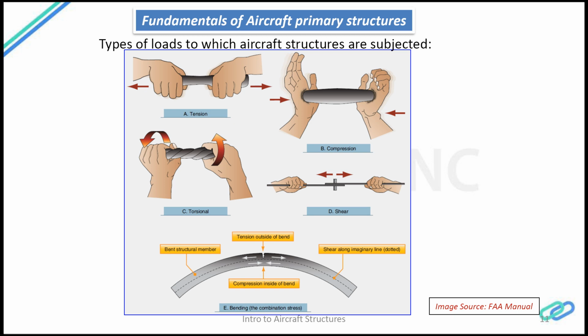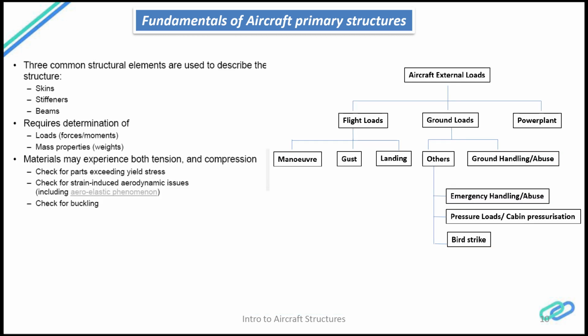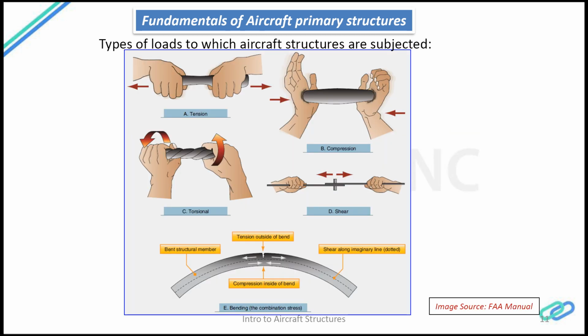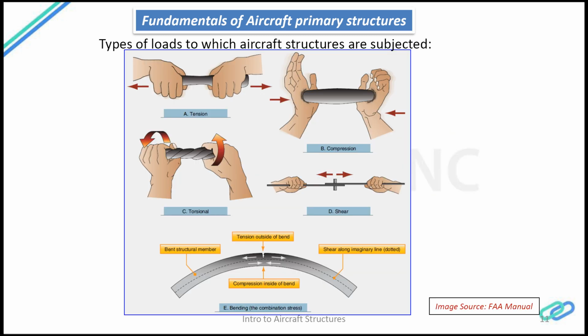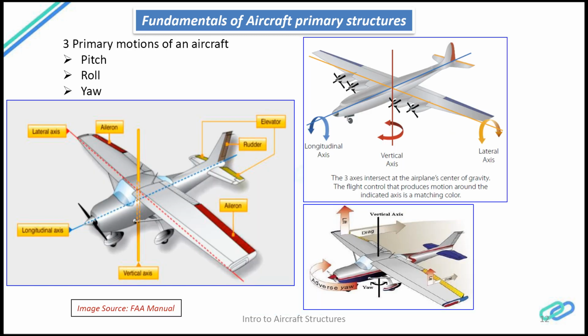So all the types of loads that act on the aircraft structures transfer and redistribute themselves into one of these types of loads, with the skins taking predominantly the in-plane loads and the beams and stiffeners taking the shear loads and the bending loads.